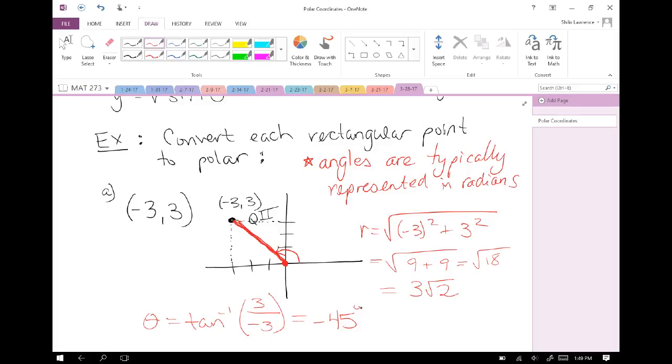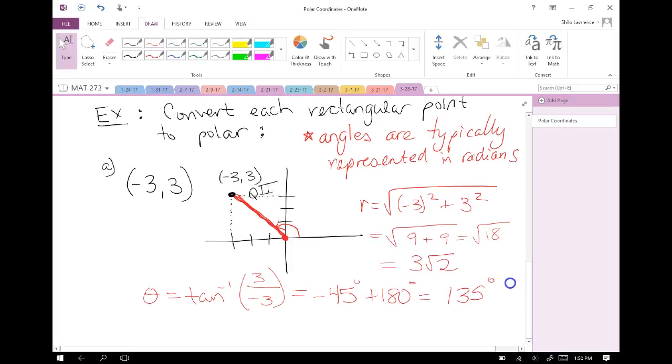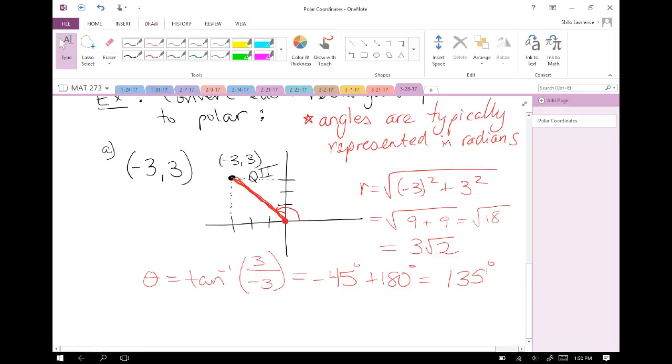But negative 45 is quadrant 4. Once we plot it, we know it's quadrant 2. So we're going to add 180 to that. It's really 135. 135 is quadrant 2. And then we need to change that to radians.